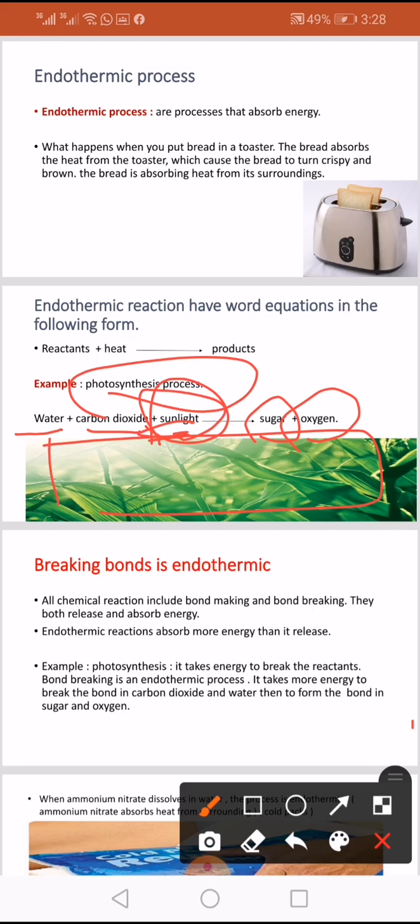So in the photosynthesis process, the plant absorbs the water from soil, carbon dioxide from the air, and absorbs energy or heat from the sunlight and gives us sugar and oxygen. Sugar is a food for the plant. Okay, and oxygen. So this is another example of endothermic reaction.